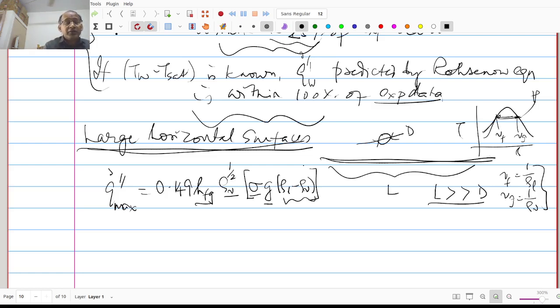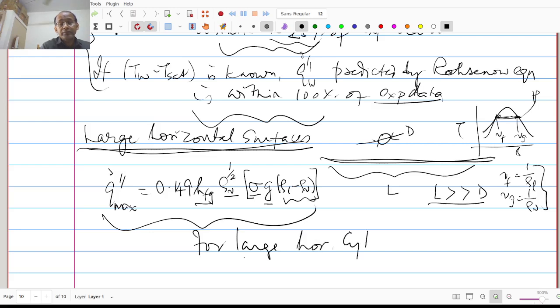For large horizontal surfaces, this expression is a much more simplified expression as compared to the Rosenau expression. Again, this is independent of the material of the wall and the configuration. For large horizontal cylinders, that is boiling on top of a cylinder, where you have a cylindrical surface and boiling is happening from the top of this, nuclei are rising.